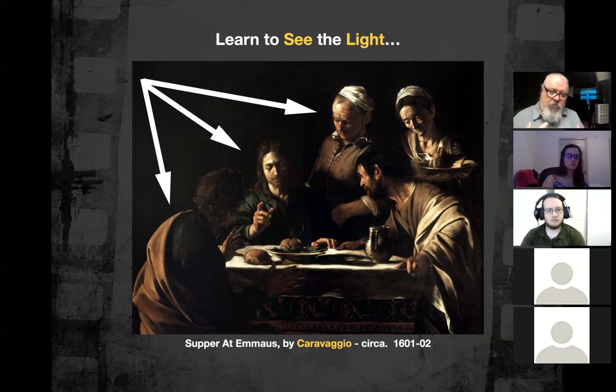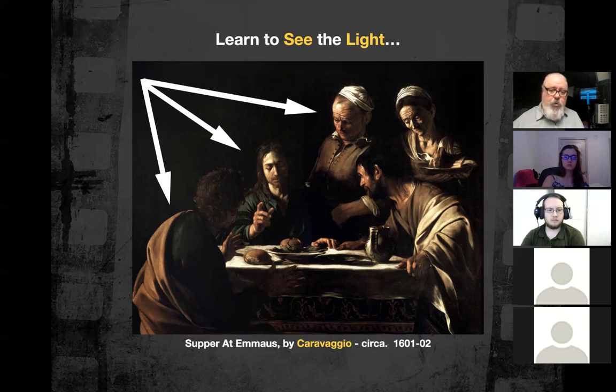And we can apply different things about each of these characters as a result of the way they've been lit, right? And so we have the caretakers of the inn, supposedly where this scene is taking place. We have 2 companions, and then we have a central figure.